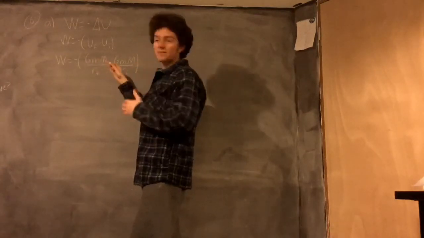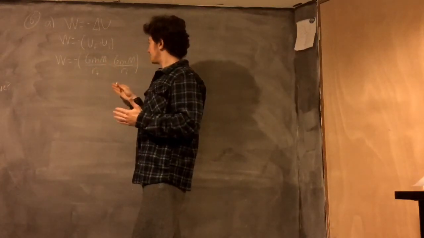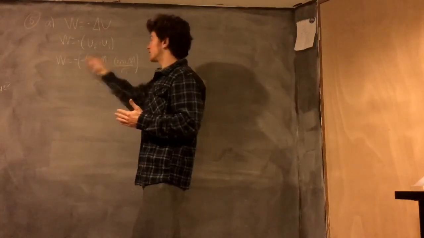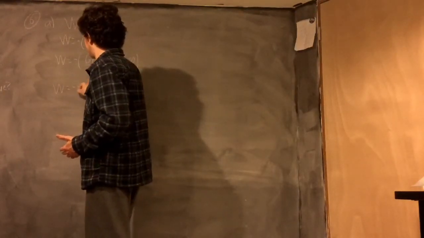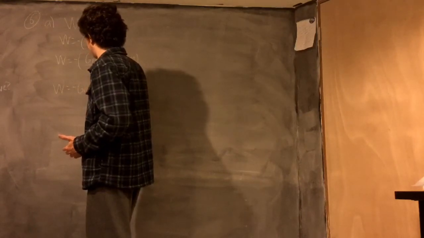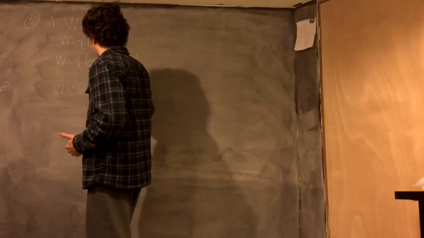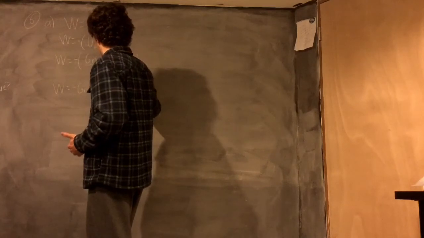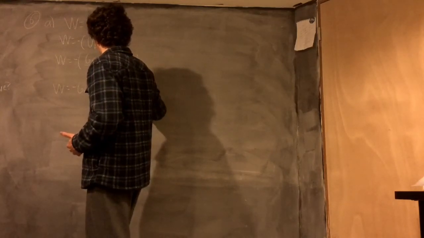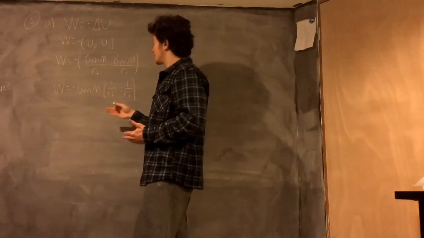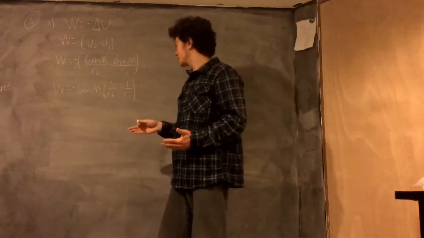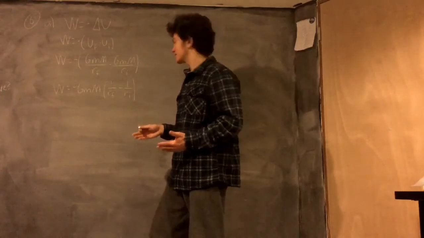But since G, M, and m are constants and the same in both terms, we can factor them out. This tells us that the work is equal to negative GMm times the quantity of 1 over the final radius minus 1 over the initial radius.